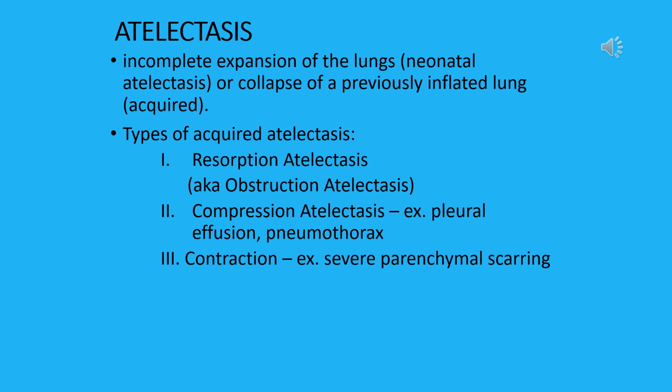The main types of acquired atelectasis come in three forms based on its mechanism of acquisition. Number one, resorption atelectasis, also known as obstruction atelectasis. This occurs from complete obstruction of the airway over time.